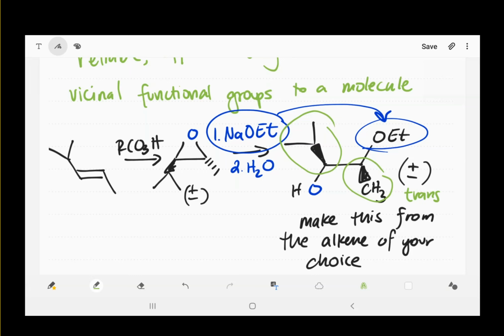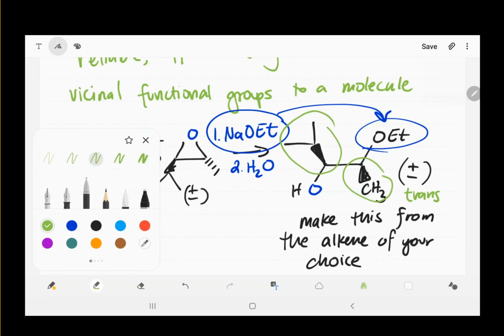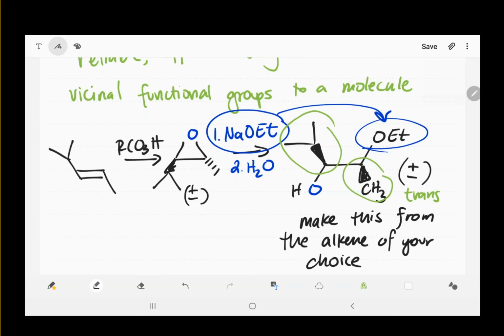And so, as a result, what we need to keep in mind here is that we need to have the opposite of that in our starting material. So if we had it trans here at the end, we're going to need them to be cis in the beginning. So we actually need those starting materials to be cis to each other.